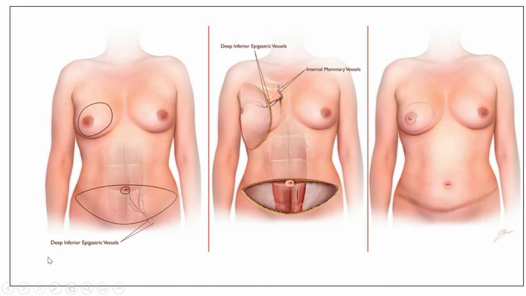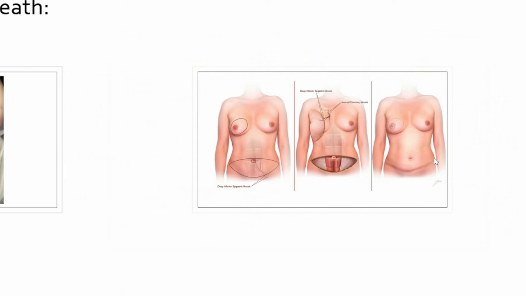So you can see here, but they have taken the lower flap. It is taken along with the artery. The lower part of the rectus abdominis muscle is supplied with the inferior epigastric vessel. So along with that, it is taken. It is used for the reconstructive surgery of the breast.